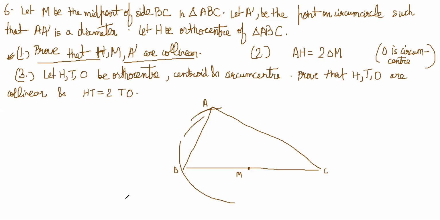A dash is the point on the circumcircle which is opposite, such that AA dash is a diameter.